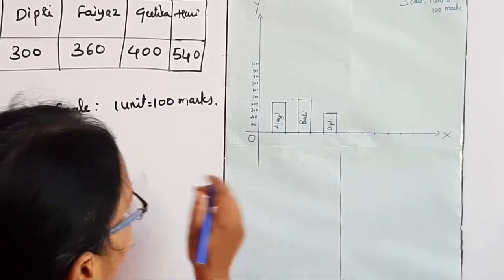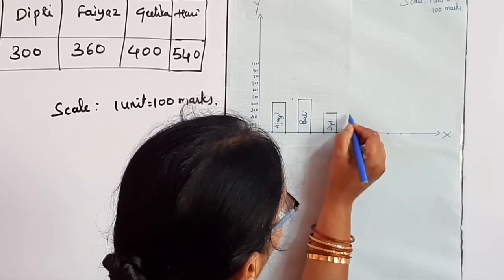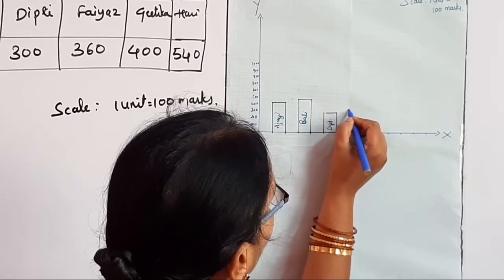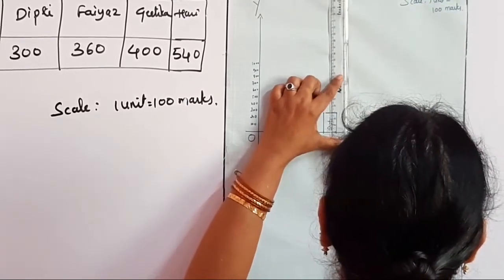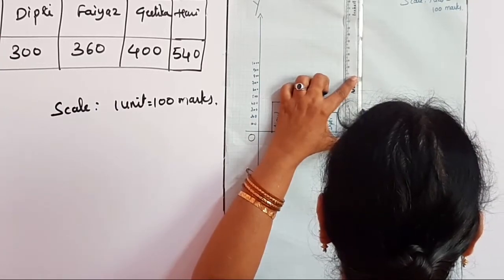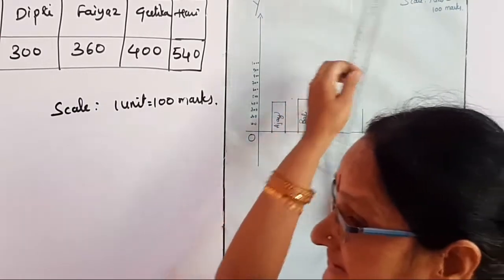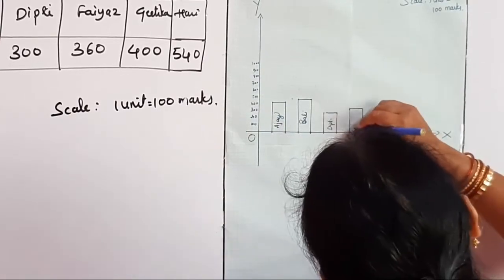Next, Fayaz 360. See here, Fayaz is here. 100, 200, 300, 350, 360. One line, each line also you have to calculate. 360. Whose is this? Fayaz.